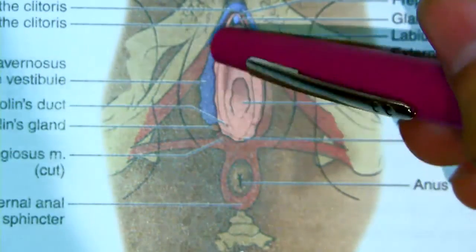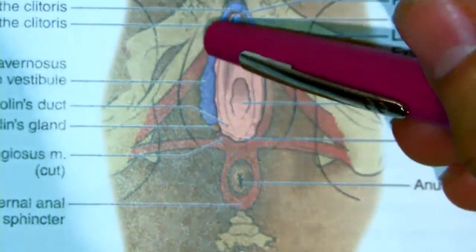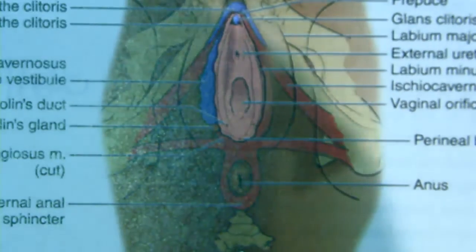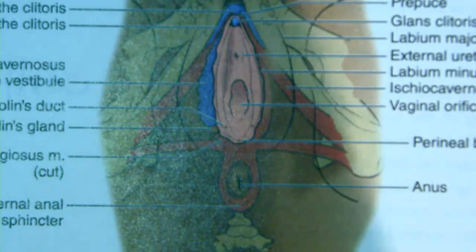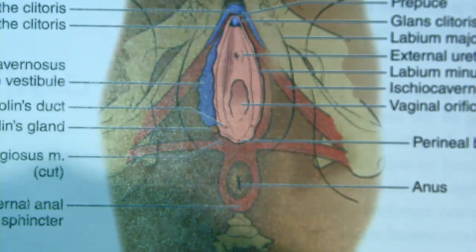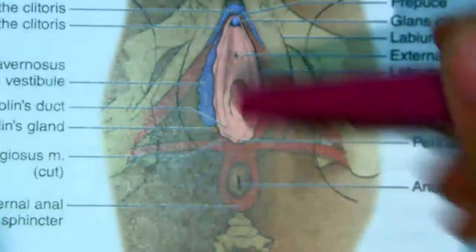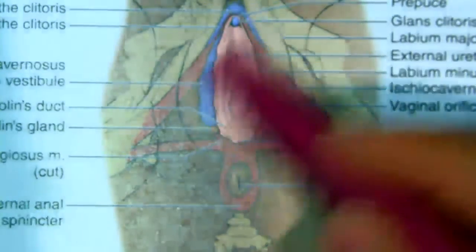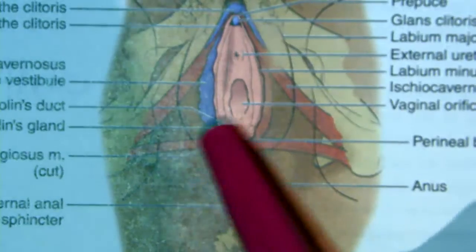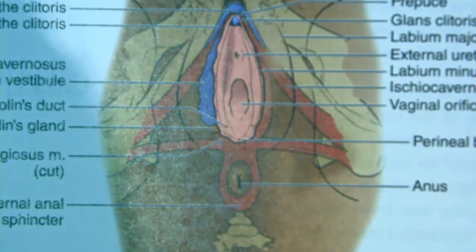So this lumpy structure right here in blue is what? The blue is part of the greater vestibule. That's not as important as what's right below it. This small little dot down here.